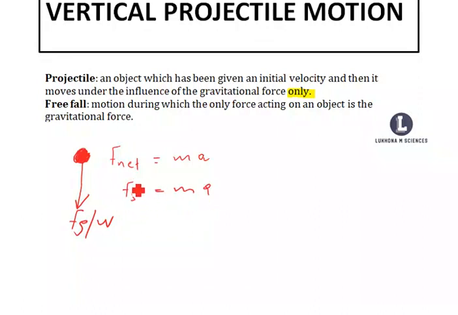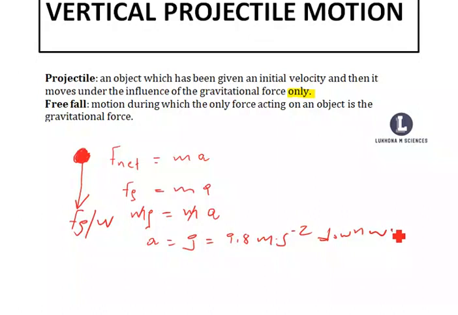And remember, Fg is the weight, calculated by mg. So mg is equal to ma. If we divide by m on both sides, we have a equal to g. Since we have only one force, therefore the acceleration is constant, it is g, that is 9.8 meters per square second, always downwards, because it is a vector quantity.